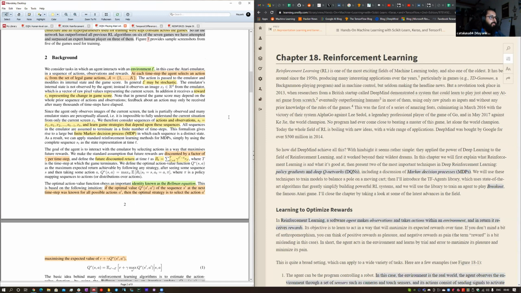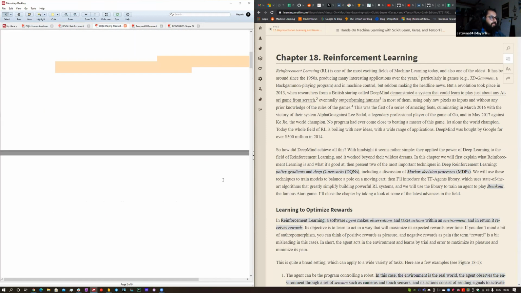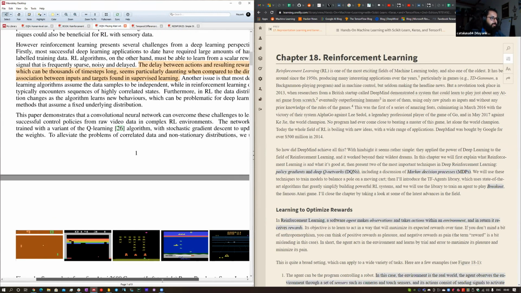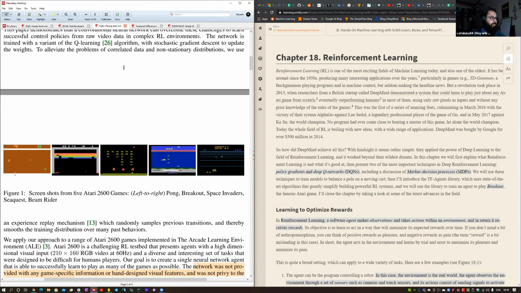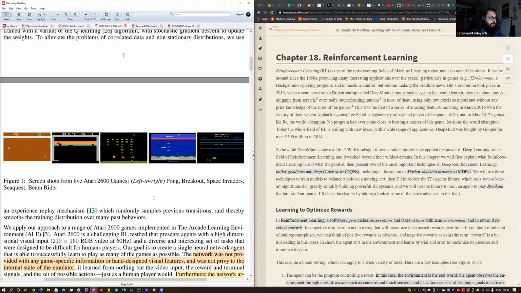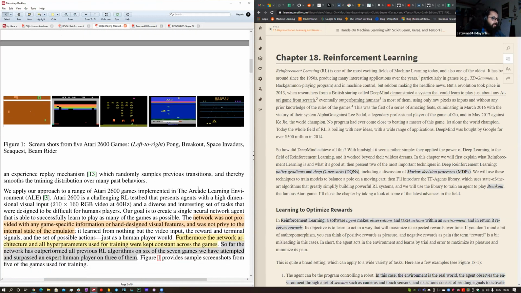These are the games: Atari 2600, Pong, Breakout, Space Invaders, Seaquest, and Beam Rider. These are the five games in which they solved this.